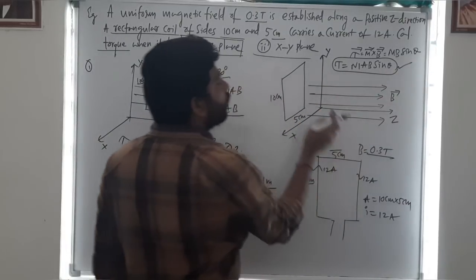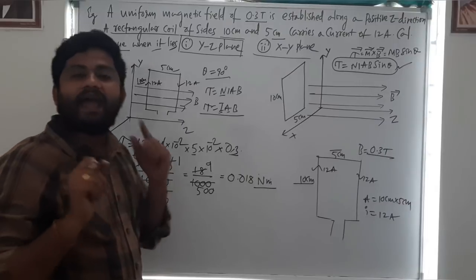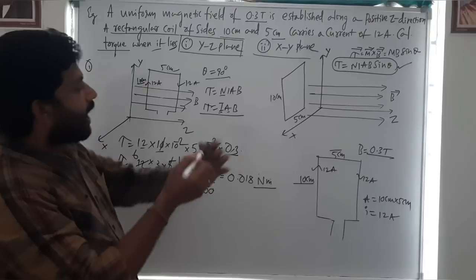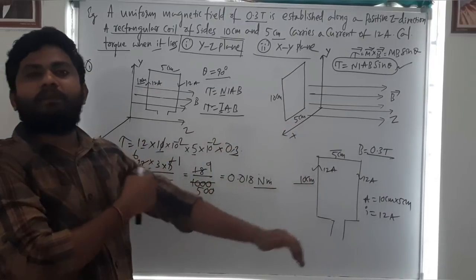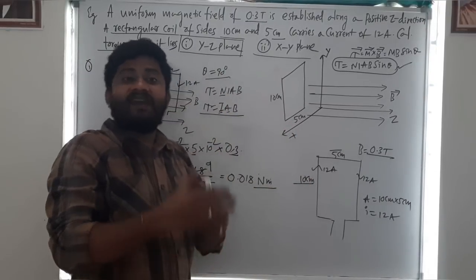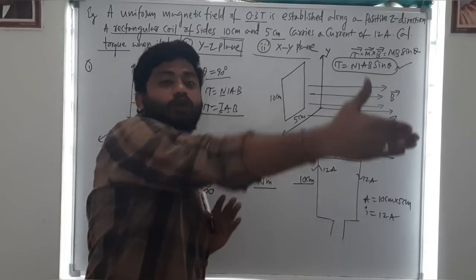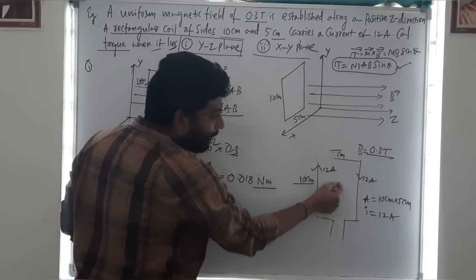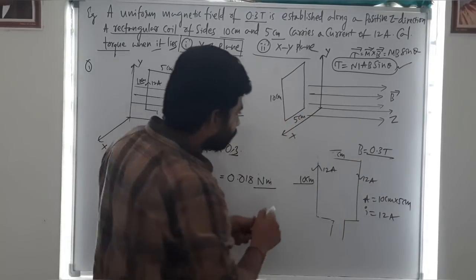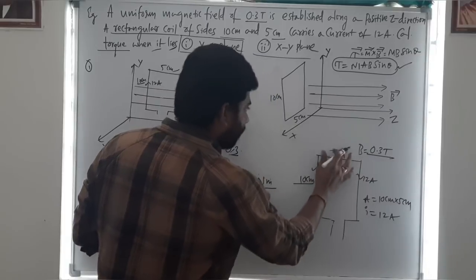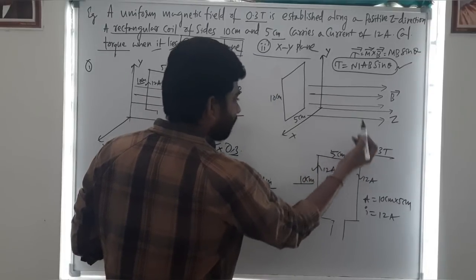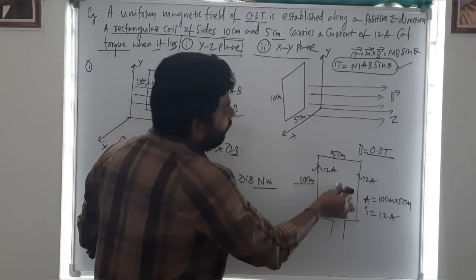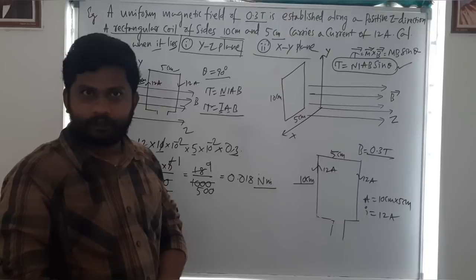NIAB sin theta. Concentrate on theta here. What is theta? Angle between area vector and magnetic field. I told you already, whatever may be the rectangular coil you take, its area vector is perpendicular to the plane. If you take this is the rectangular coil, its area vector will be perpendicular to the plane in this way.